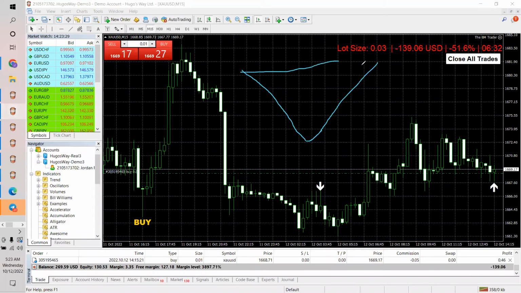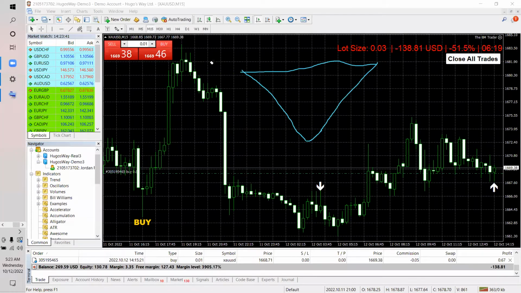Now, this particular line is what I would consider, let me clear that. There we go. So that right there is the entry point for most people. This is where you are, starting out trading.